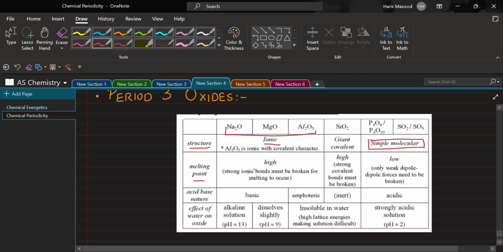Acid base nature, the first two are basic, then this is amphoteric, this is inert, or you can say neutral as well, does not react with acid or base either, and these are acidic in nature. Effect of water on oxide, that we will be looking at, it forms an alkaline solution, it dissolves slightly, these are insoluble, and these are strongly acidic solutions. Okay, so the properties are clear.